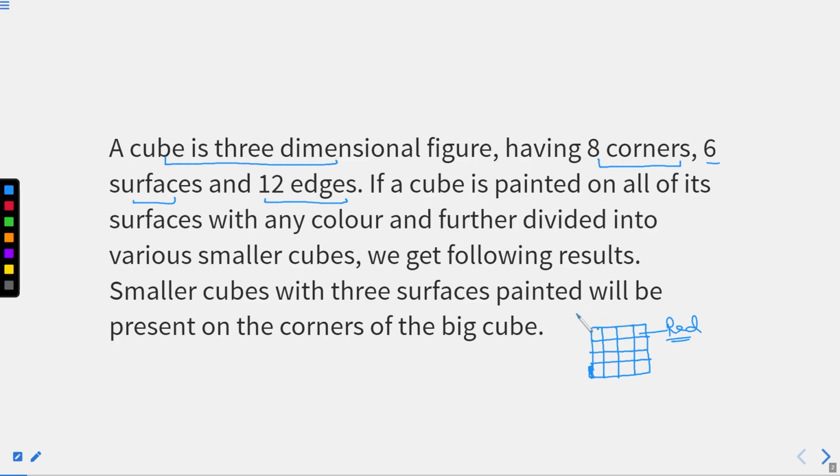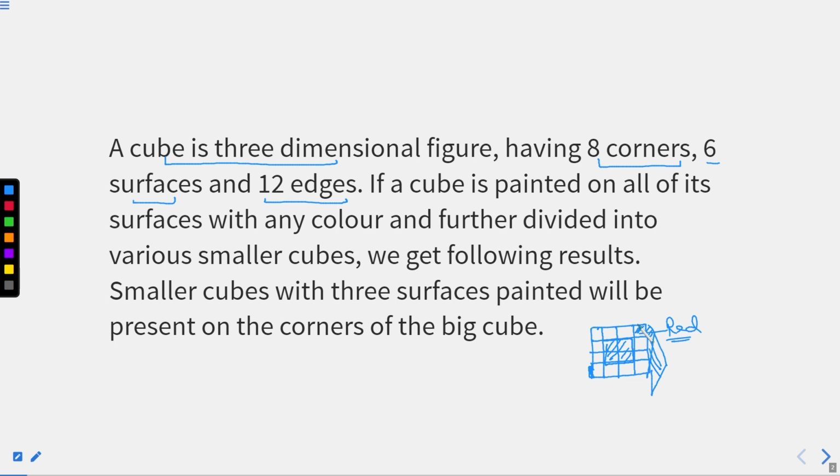What are the results that we are talking about? Some cubes are going to get only one color, especially those at the center. But those on this side, because we have another side here itself, the division will be like this. So this particular small cube will have 2 sides painted, right?